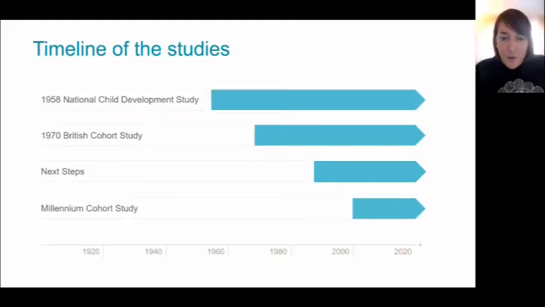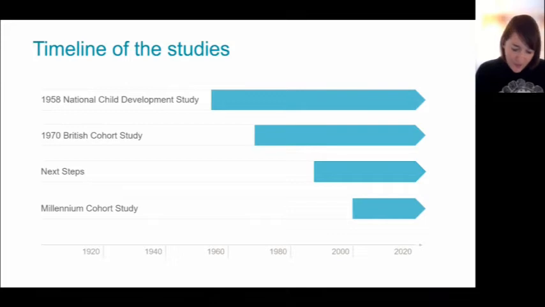So here are the 4 cohort studies that we have at CLS. We've got the 1958 National Child Development Study, and they're around 64 now, so we've followed them since birth. The 1970 British Cohort Study, which is obviously our topic of interest today, they're just turning 52 this year. And again, we followed them since birth.